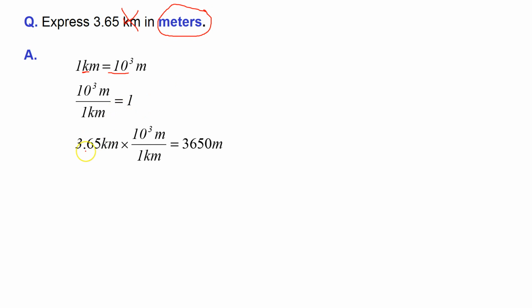So here I am, 3.65 kilometers multiplied by the conversion factor that has kilometers on the bottom line and meters on the top line. So what goes there always goes there, okay? Now kilometers are going to cancel out and I'm left with meters, which is what I want.